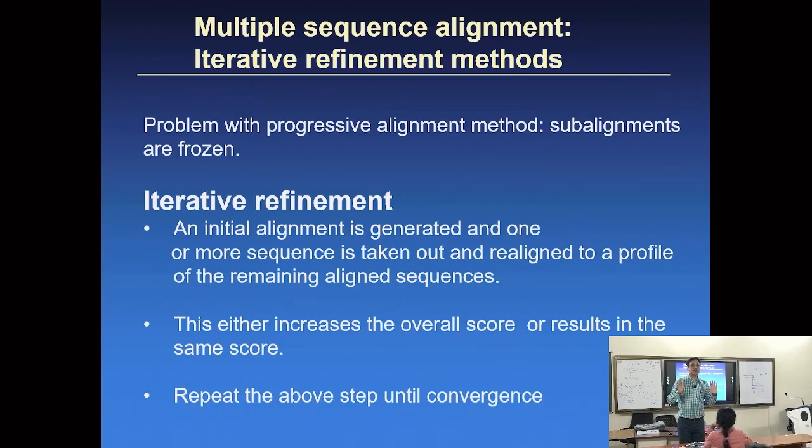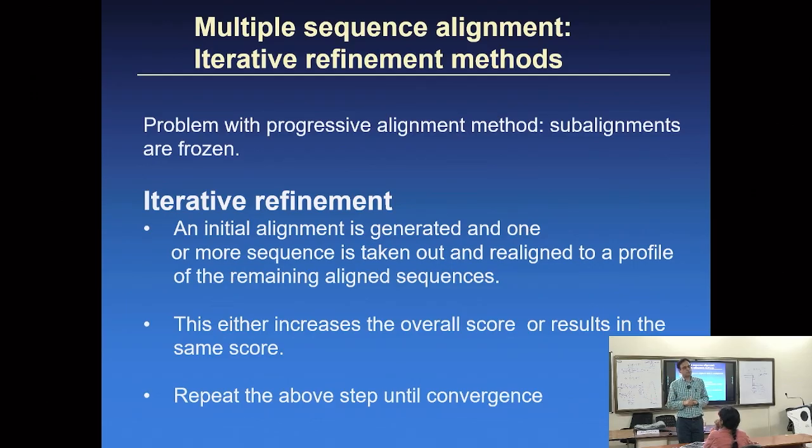Even at later stages of the alignment, you may find that there are some problems that happened in the earlier stages. This method is not going to change. Okay, so this is a heuristic method, a rigid framework that does not allow change even though mistakes might have happened at earlier stages of alignment.